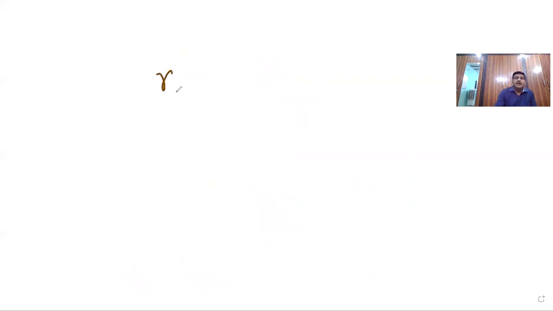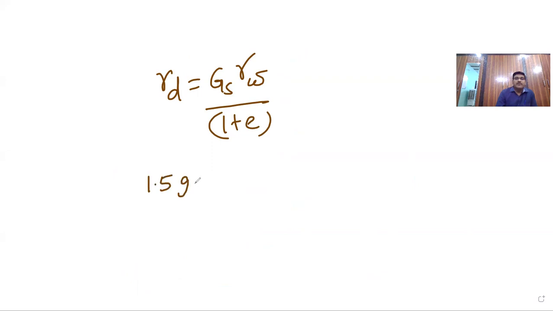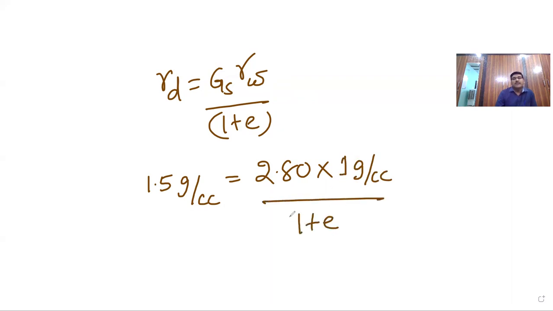Gamma dry equals Gs gamma W by 1 plus e. So left hand side 1.5 gram per cc, Gs 2.80, gamma W 1 gram per cc, the standard value, 1 plus e, void ratio. Clear? Now, on both sides, gram per cc cancels.